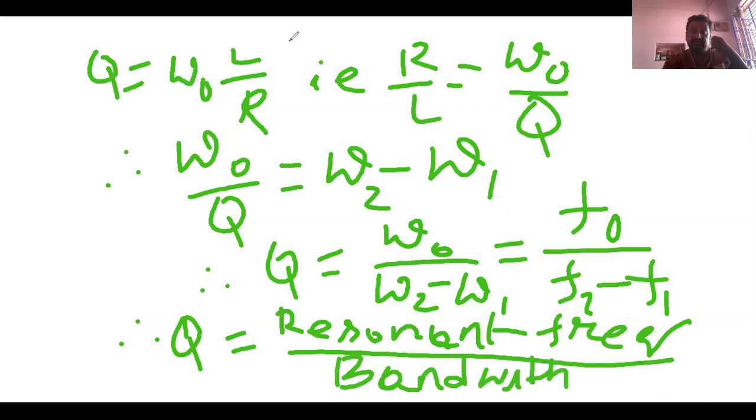Number one is ωL/R. Number two is 1/ωCR. Number three is (1/R)√(L/C). Number four, the ratio of resonant frequency to bandwidth, is also represented as the quality factor. So this is the relationship between quality factor, resonant frequency, and bandwidth.